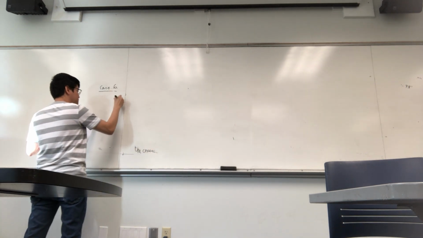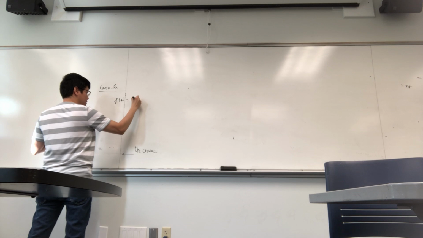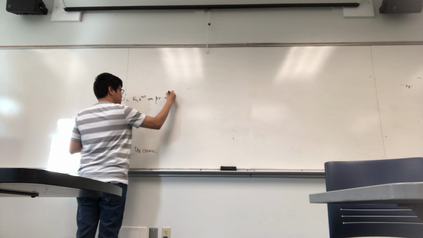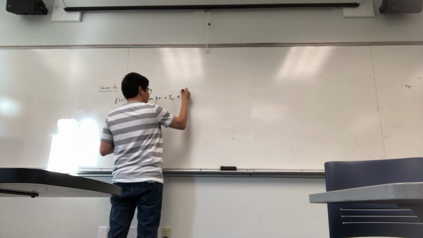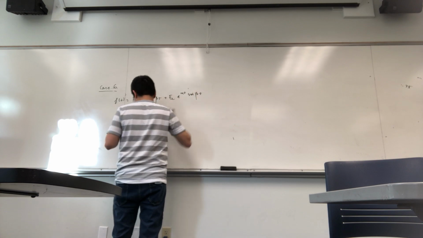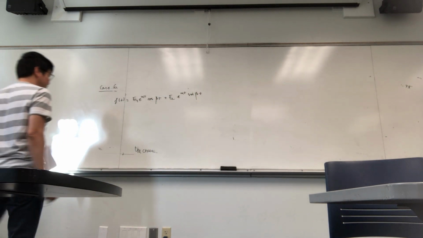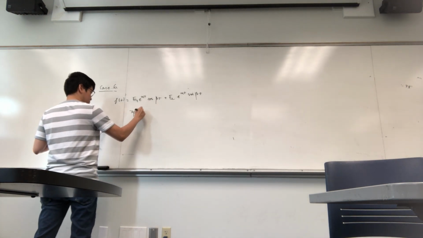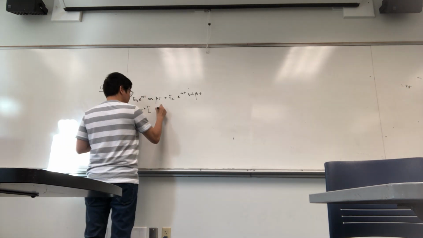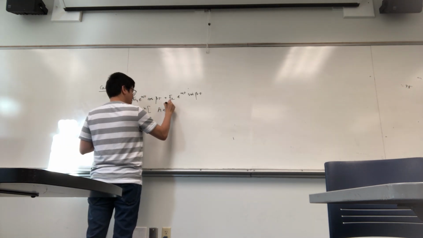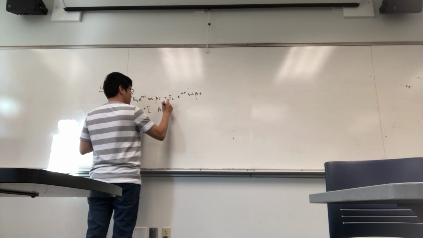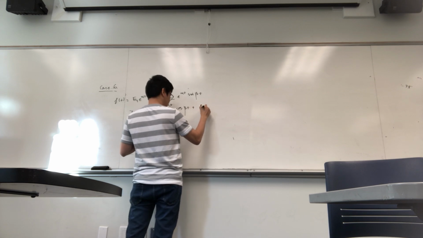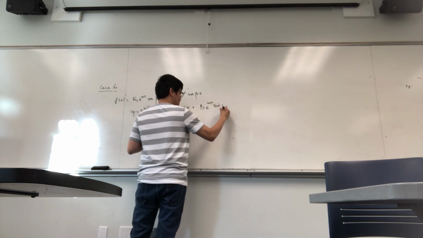Case number 6, f(t) will be e1 e to the alpha t cosine of beta t plus e2 e to the alpha t sine of beta t. So in this case, xp will be t to the k times A e to the alpha t cosine of beta t plus B e to the alpha t sine of beta t.